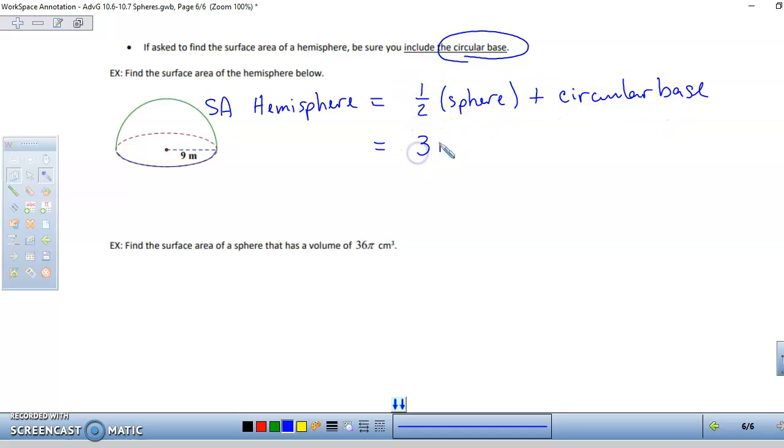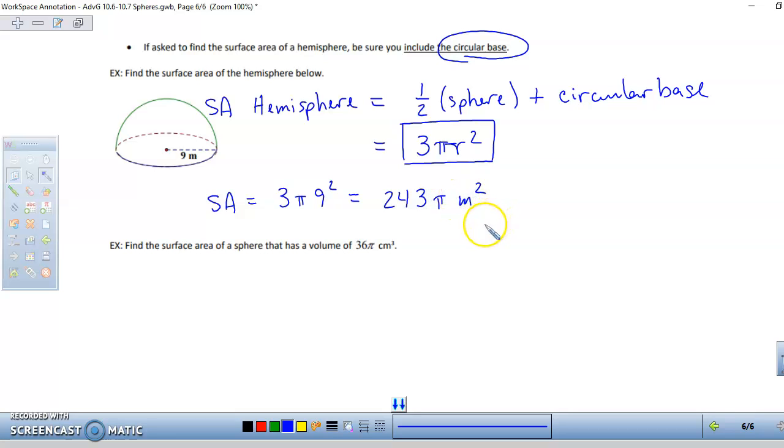So you get a total of 3 pi r squared. So in this particular case, you have 3 pi and then 9 squared. So 81 times 3, you get 243 pi, and that would be meters squared.